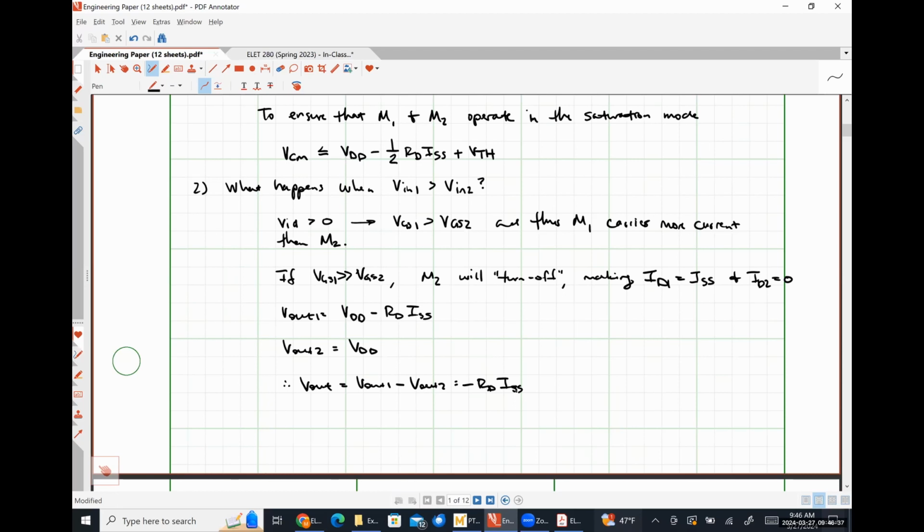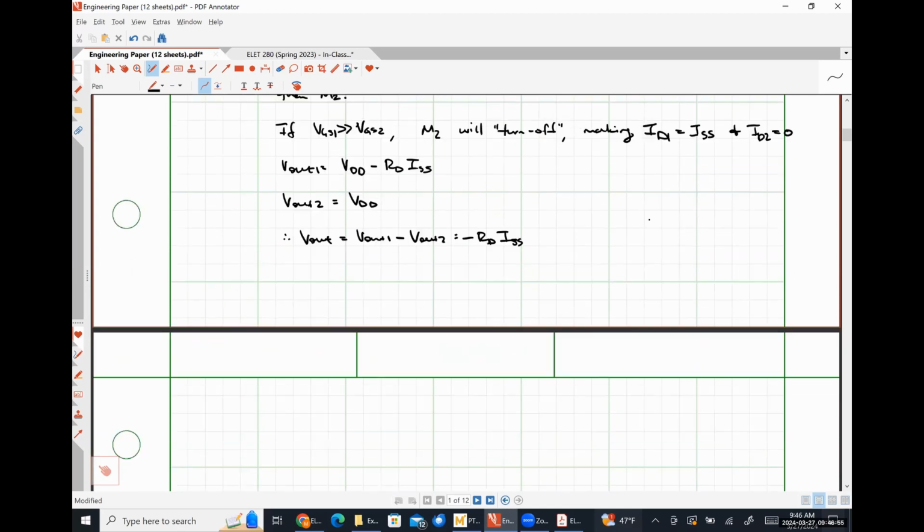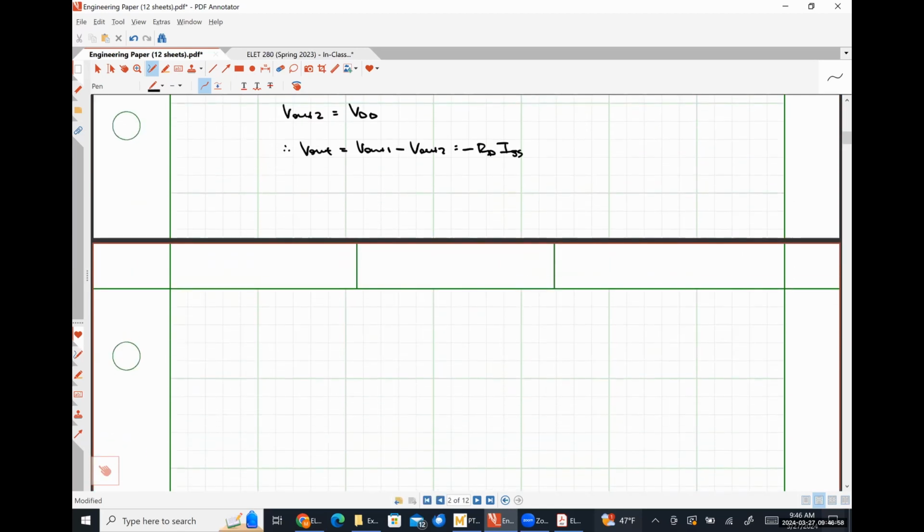And then without writing all of this stuff down, what would happen if VN2 were greater than VN1? The exact opposite, all the way to the point where our output voltage would change in polarity. So if I were to graphically represent what's going on here, we'd see something like this.